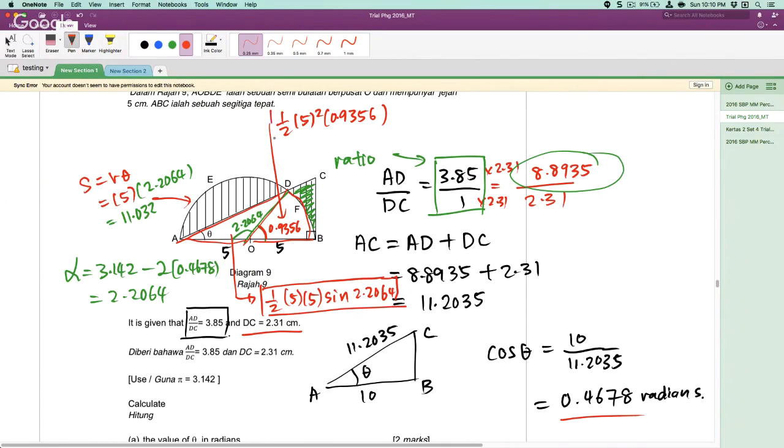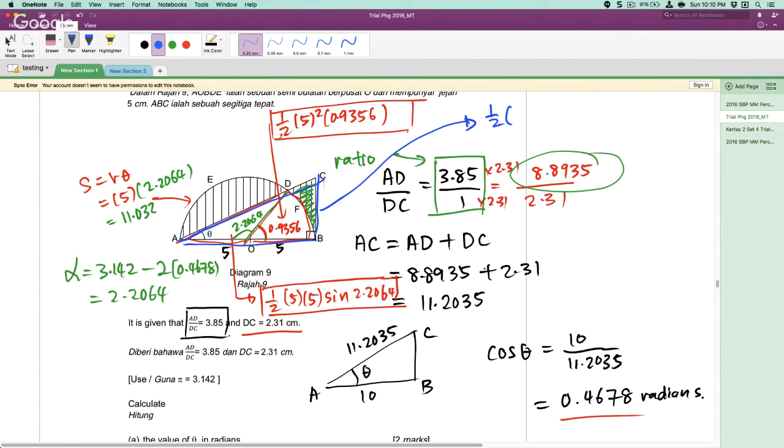So I will just use the area of the whole triangle minus both of these ones. For the area of the triangle, if you want to find the height AC you also can, then use half times base times height. If you don't want that, I will use the sine rule to find it. So it's half times length of AC times length of AB.